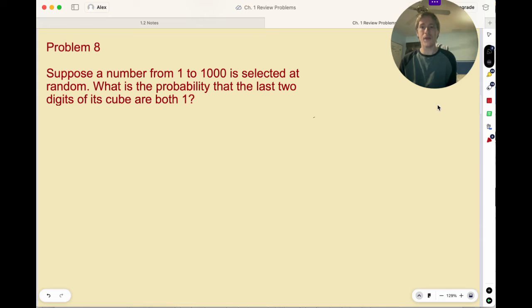So the probability portion of this question is very, very straightforward, right? The number of total outcomes is clearly 1,000 because there are 1,000 different numbers. And we just have to count the number of numbers where, when you cube it, the last 2 digits are both 1.